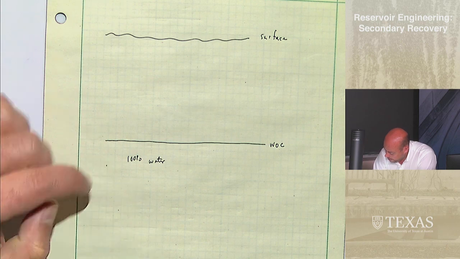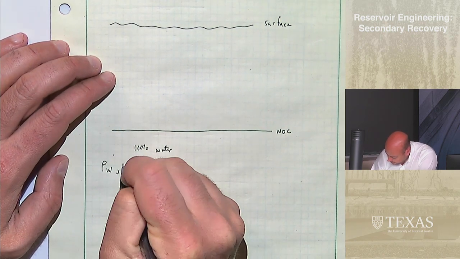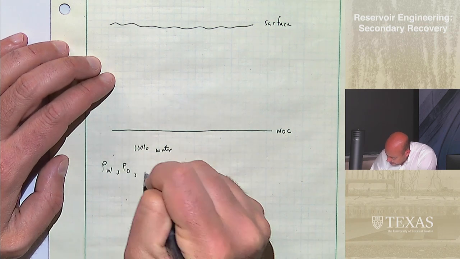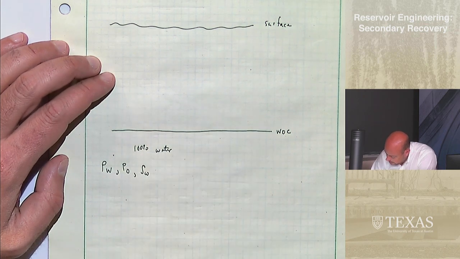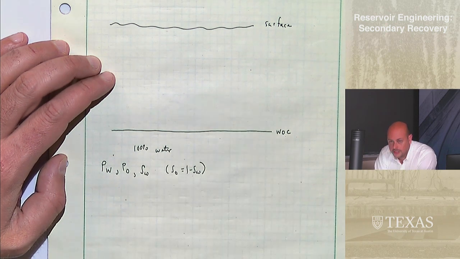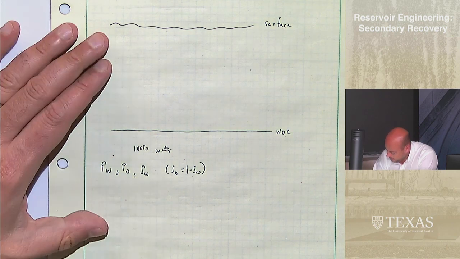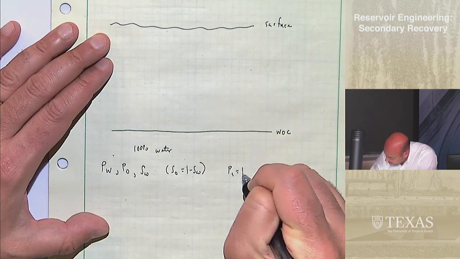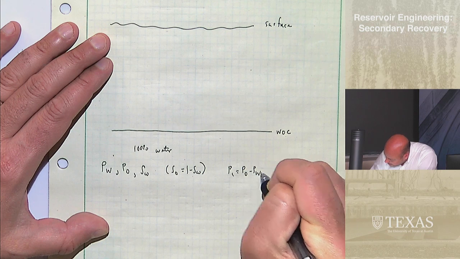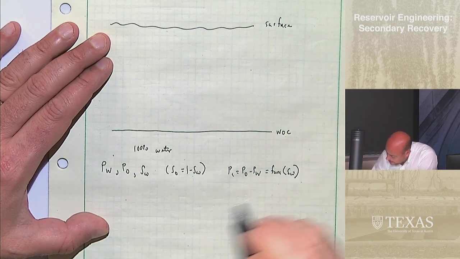But we want to know what the pressure of water is, PW, pressure of oil is, and the water saturation. And of course, we know that oil saturation is 1 minus water saturation, assuming we got no gas phase. We also know that PC is equal to PO minus PW, and that is a function of water saturation.